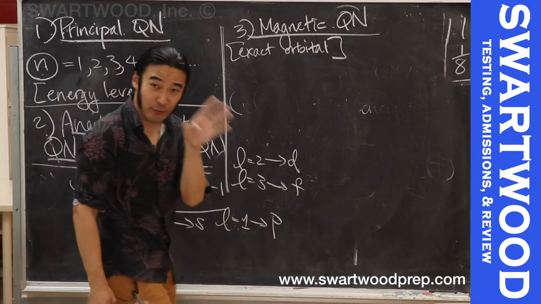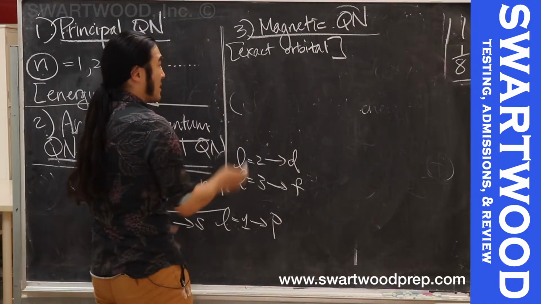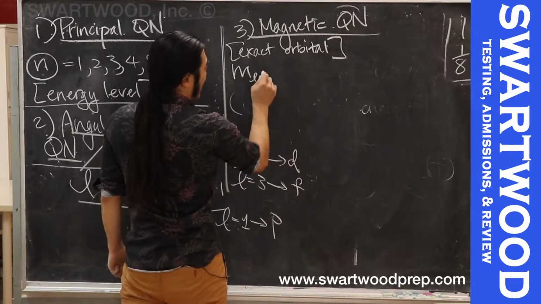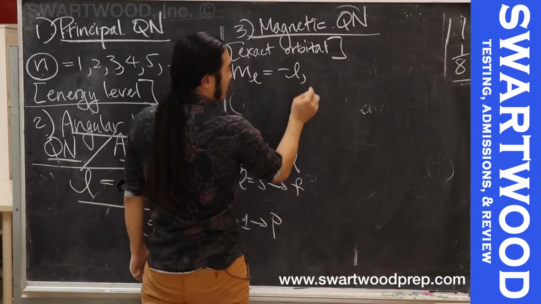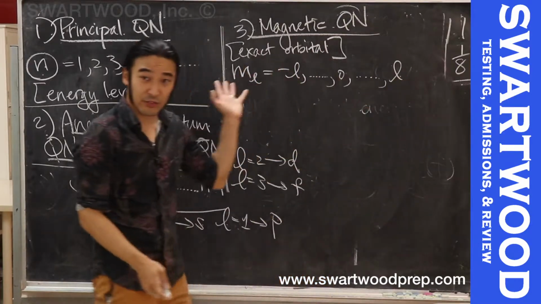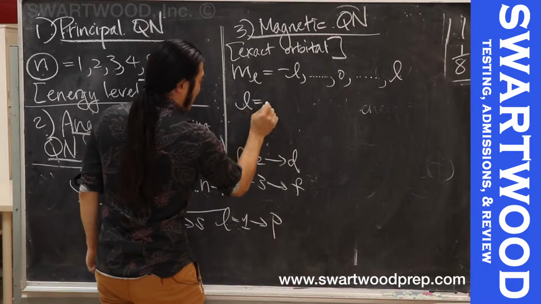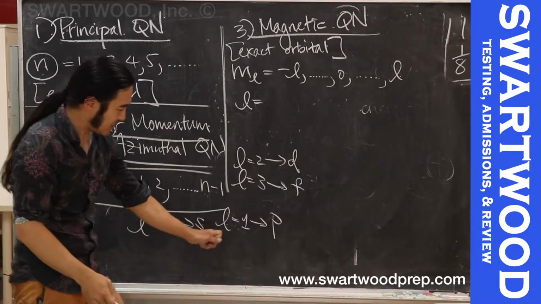Remember for the p, we had 3 of them? And I just told you randomly it was -1, 0, and 1. Let's actually get those names. So the magnetic quantum number, m sub L, is given by -L up to 0 up to L. These values. Okay? So what does that mean? Well, let's say, for practice, L0 is s, L1 is p.